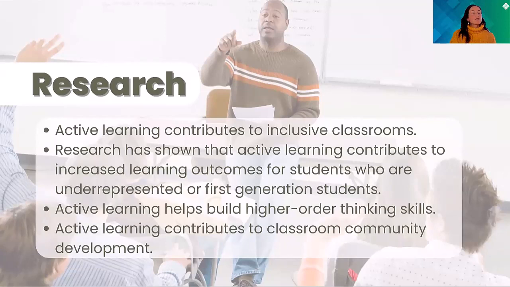And active learning can build higher order thinking skills. Sometimes we call those HOTS, right? And active learning can contribute to classroom community development. If you were able to attend our first 2 Lunch and Learns or watch those videos, you saw that we talked a lot about classroom community development, so that it can help with classroom management and be really proactive for what we're doing.